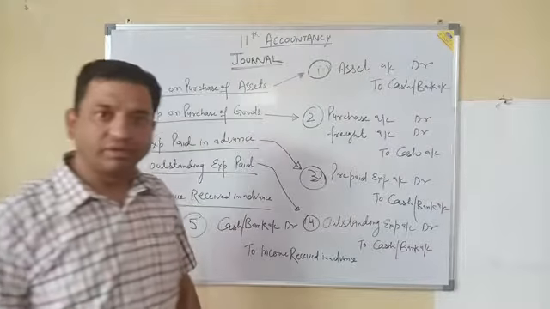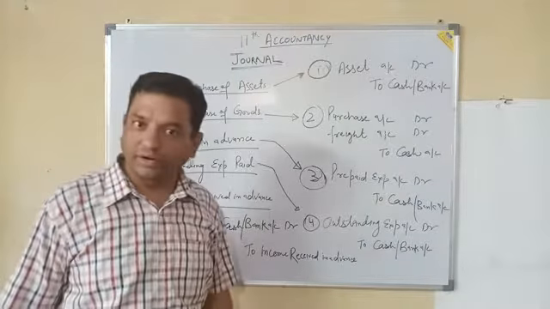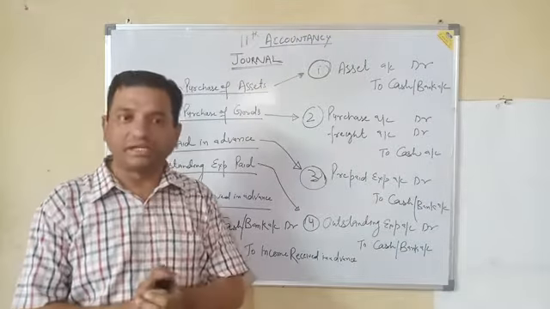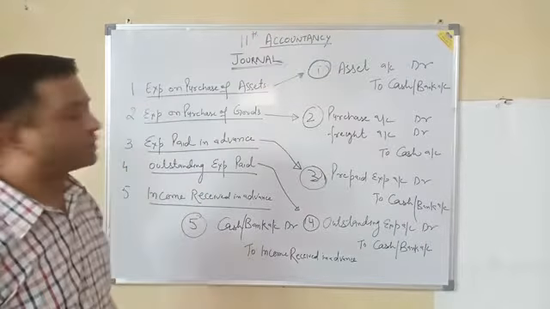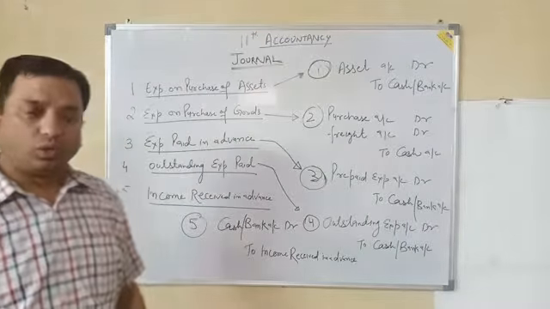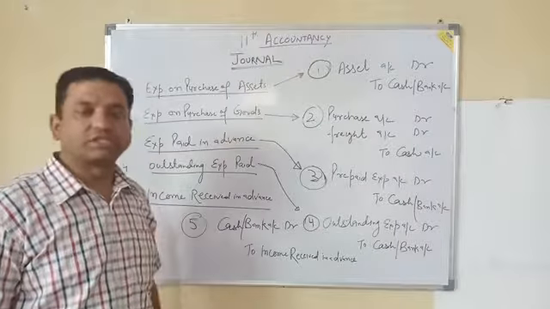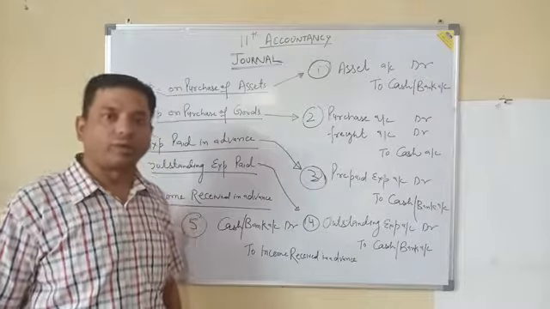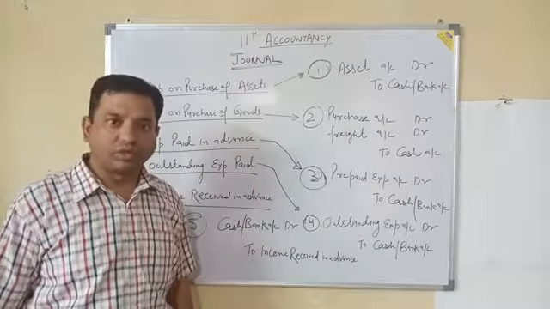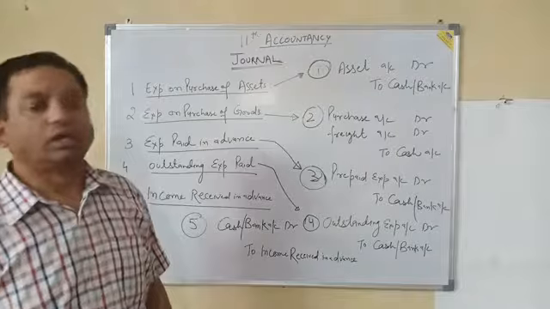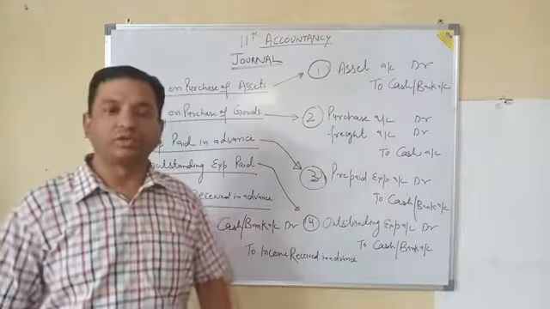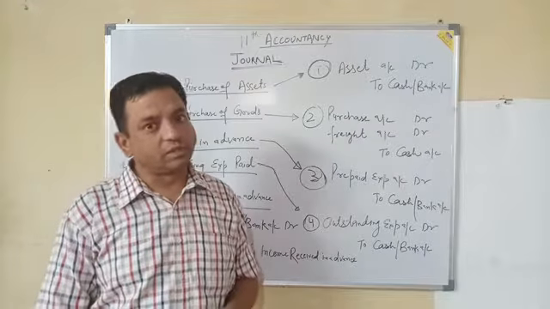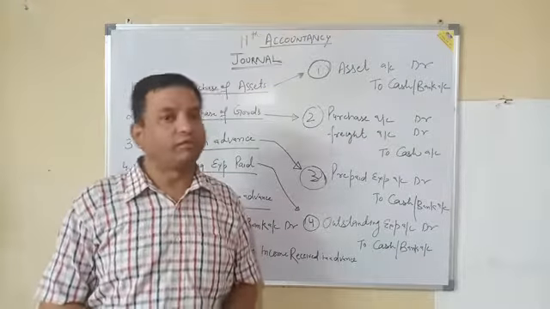As in our previous videos we have gone through different types of journal entries, means how the different type of transactions can be recorded, can be journalized in books, and we have covered the transactions relating to commencement of the business, sale and purchase of the goods, drawing of the goods, drawing of cash, drawing from bank, different type of situations of goods relating to goods given as charity, goods given as donation, goods given as free sample, and goods used for personal purpose, as well as goods used to manufacture assets.